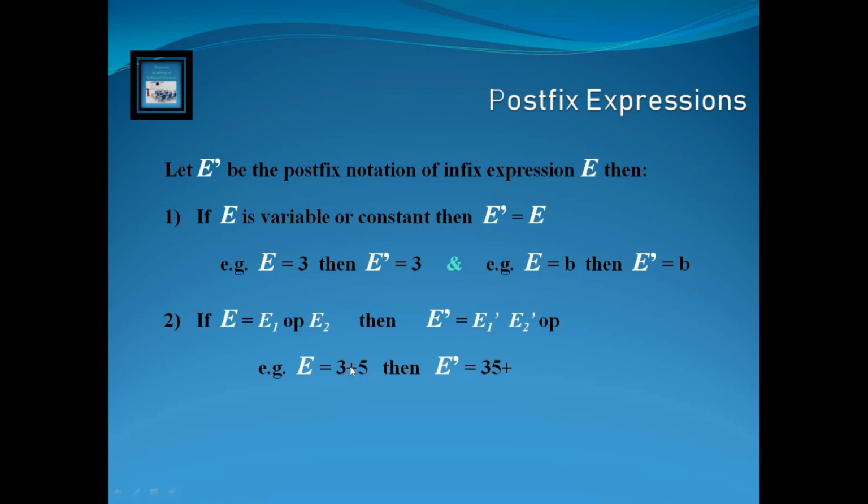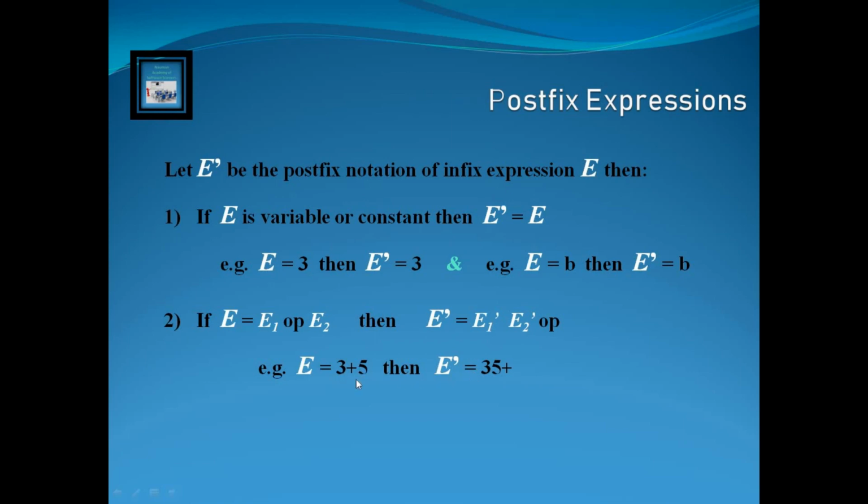So for 3 plus 5 the postfix form can be obtained by first obtaining the postfix form for 3, and by rule number 1 we can say that if 3 is a sub expression, then its postfix form is 3.